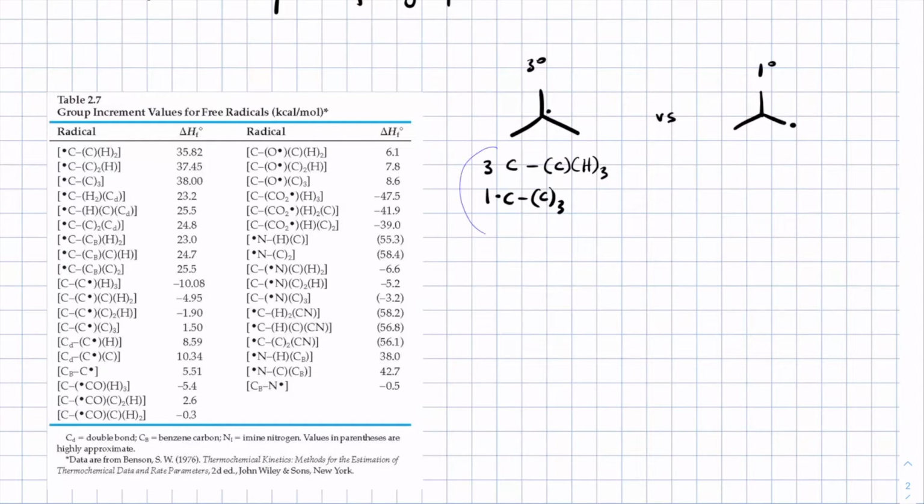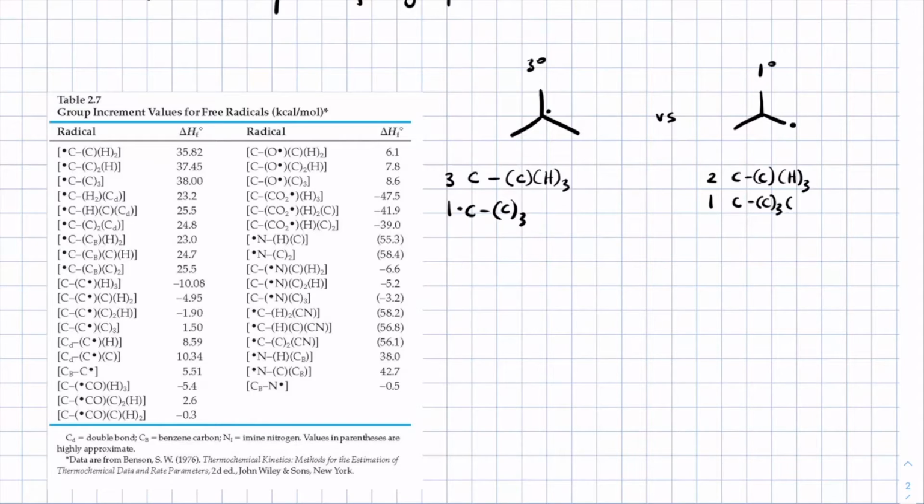So we're going to use those heats of formation from the previous table as well as from the radicals to give us this information. Here we have 2 methyl groups, 1 CH group, and 1 primary radical where the radical is connected to 1 carbon and 2 other hydrogens.